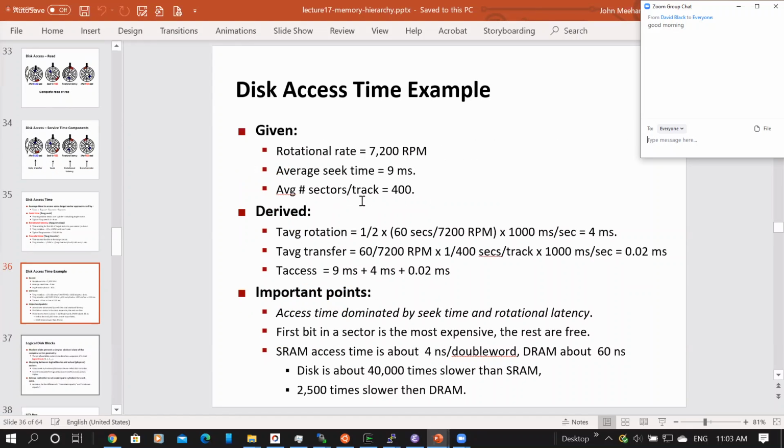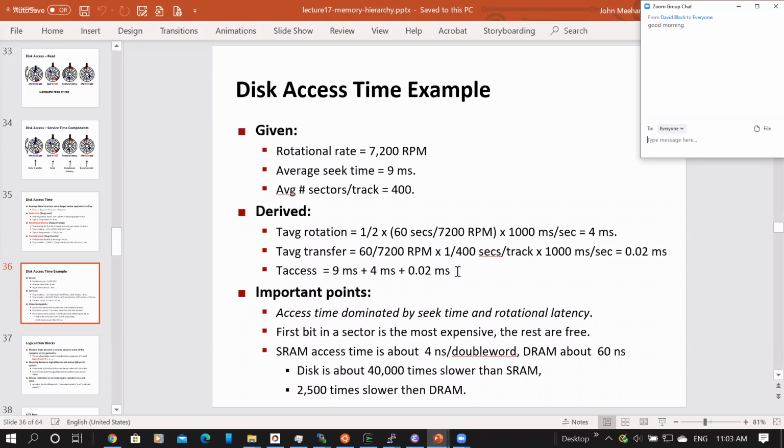But you kind of estimate it with the average number of sectors per track on the whole disk. You can come up with some numbers for these figures, like 400 average sectors per track with a 9 millisecond seek time running at 7,200 RPMs. You'd end up with the total access time being the sum of the seek latency, the rotational latency, and the transfer time.